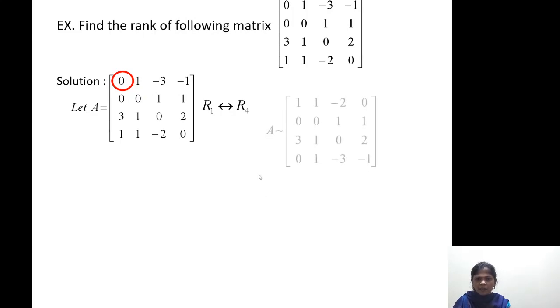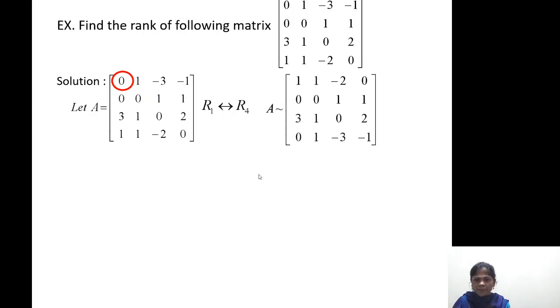So we get resultant matrix in such a way. Now we have first diagonal element non-zero. So we have to convert all elements lying below it to 0. Fortunately, we have two elements 0.